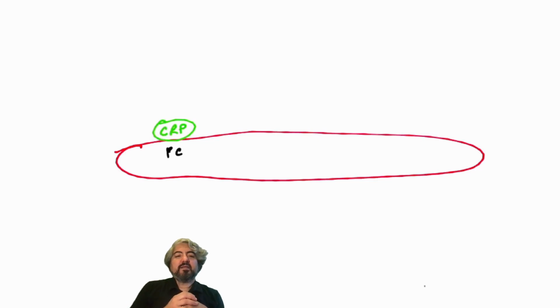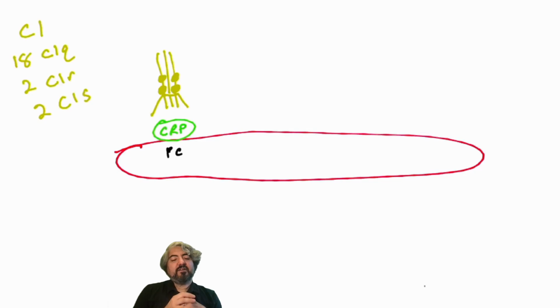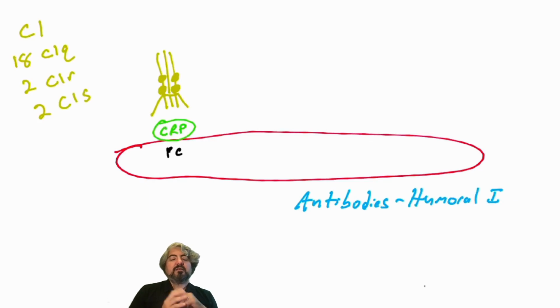And we talked about CRP interacting with phosphorylcholine in a previous video, and this will attract the complement protein complex C1, made of a number of proteins, C1q, C1r, and C1s. In a previous video, we spoke about how that can lead to the formation of the classical C3 convertase.